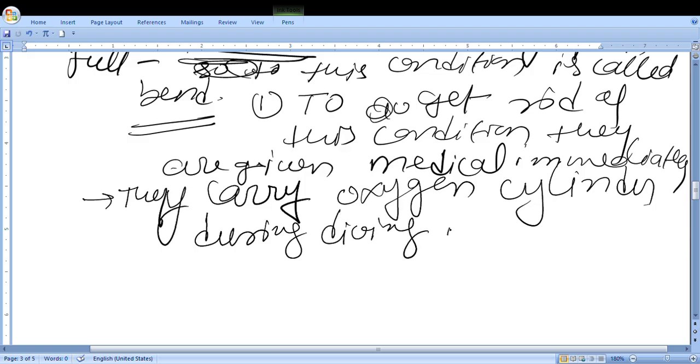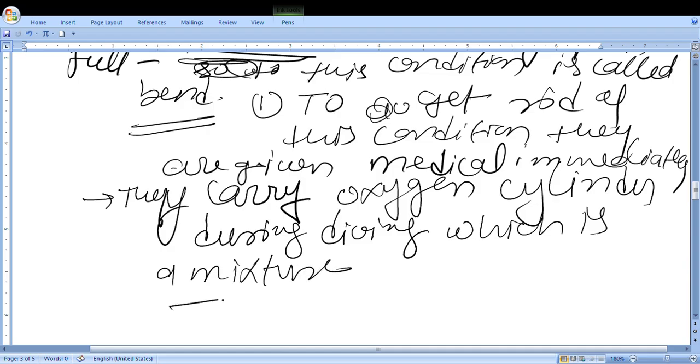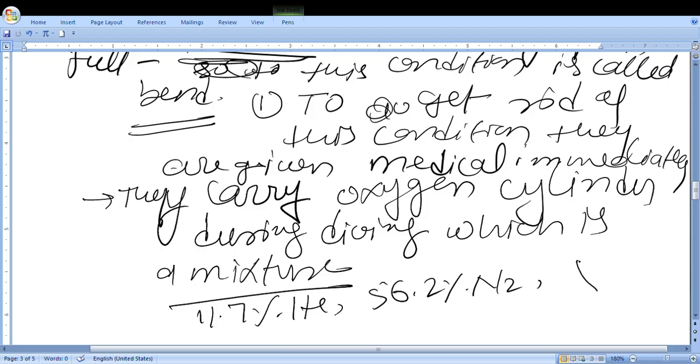It is a mixture of 11.7% helium, 56.2% nitrogen, and 32.1% oxygen.